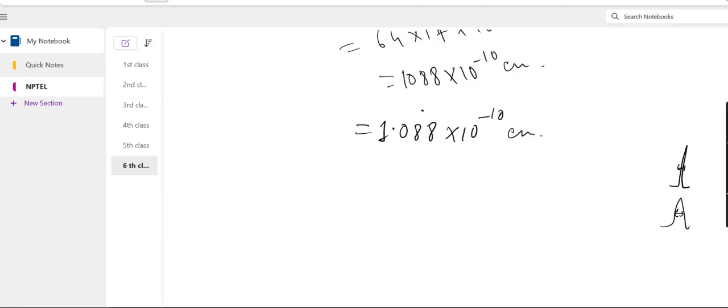So for 800 nanometer, the value can be 800.5 nanometer, also 799.5 nanometer we would get.